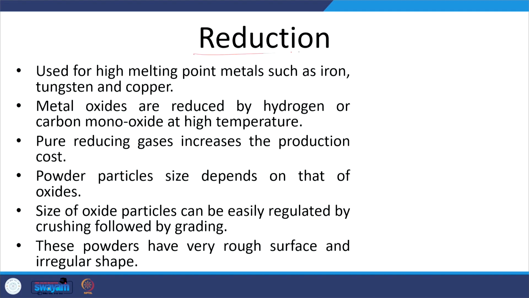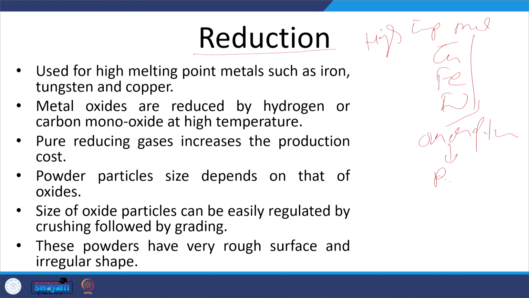Then the reduction method. This method is particularly used for high temperature metals, like copper, iron or tungsten. The metal in powder form means oxides of these metals are reduced using suitable reducing gases. When we use high purity reducing gases to reduce these oxides, the cost goes high.